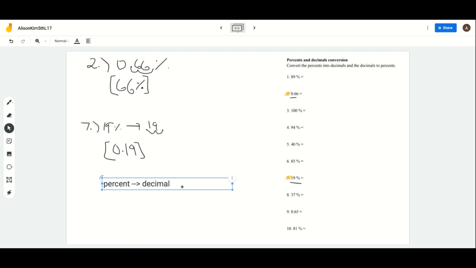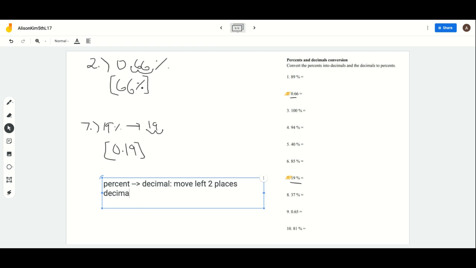Percent to decimal is move left 2 places.